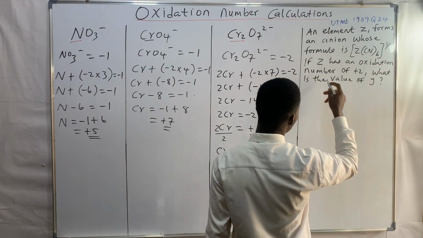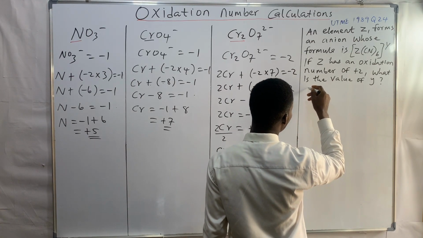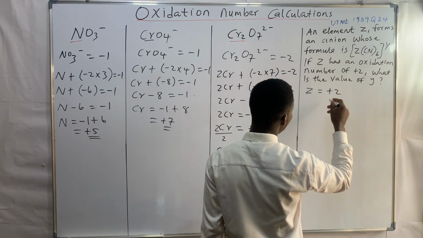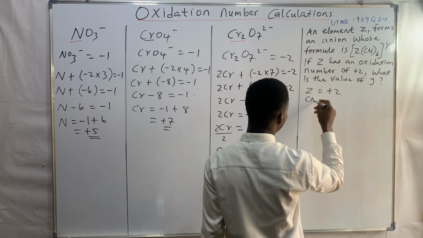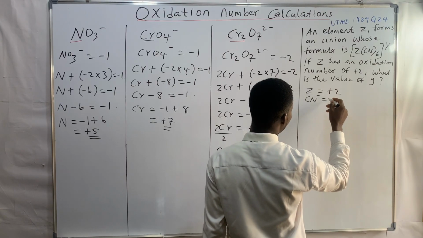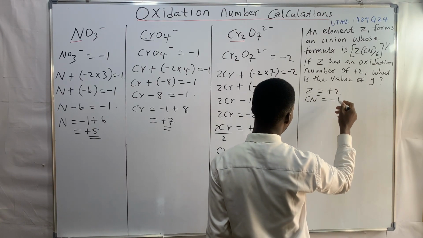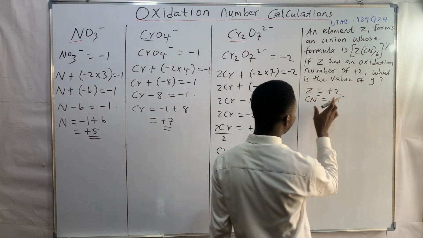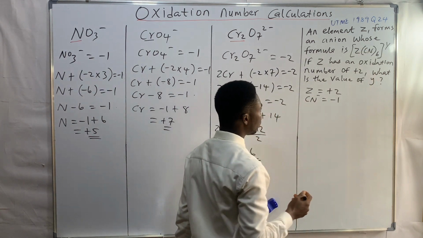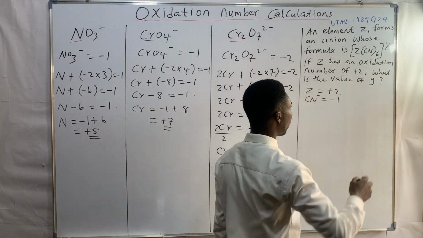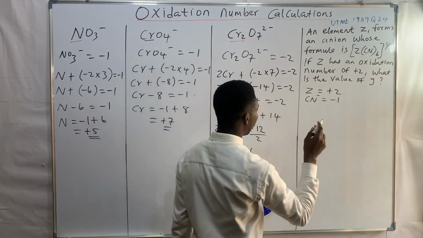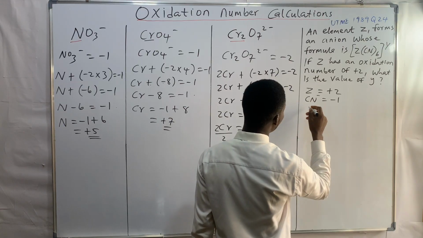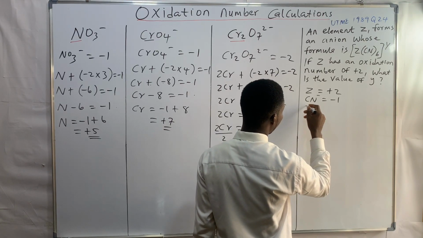It's simple. We've already been given the oxidation number of Z, which is +2. We already know that the oxidation number of cyanide is -1, isn't it? So we can easily impute these values into the formula and we're going to get the value of Y. Now you know the very first rule that must be obeyed, which we're going to write like so.